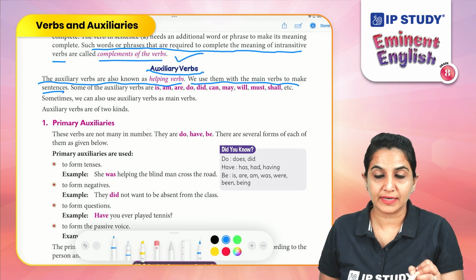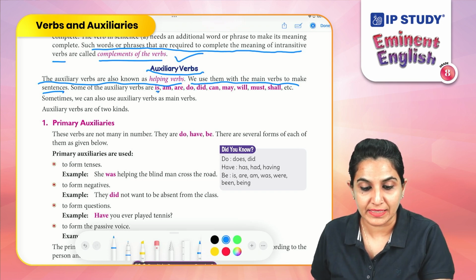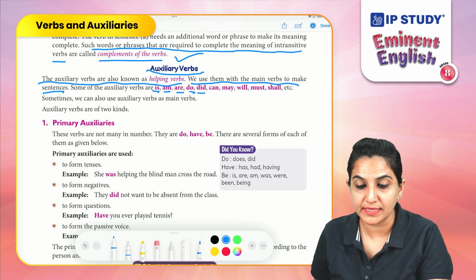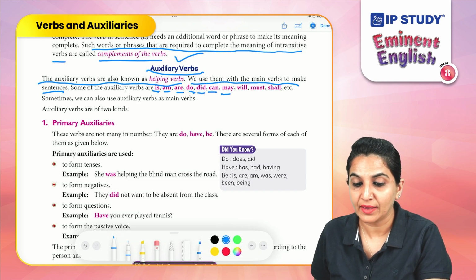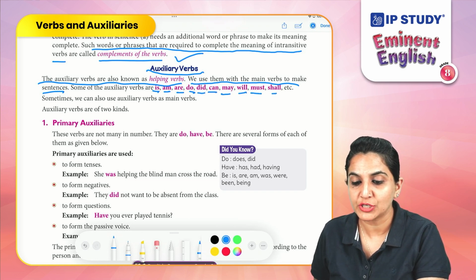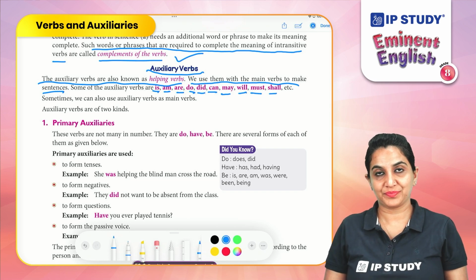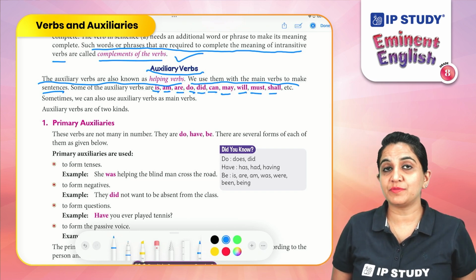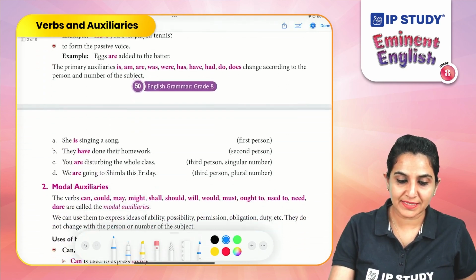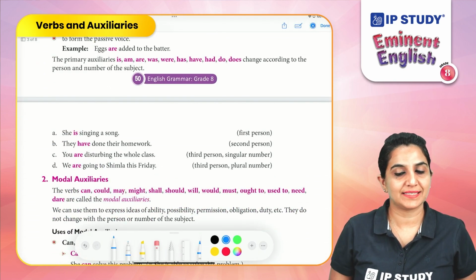Some of the auxiliary verbs are is, am, are, do, did, can, may, will, must, shall, etc. Within auxiliary verbs, we have two types: primary auxiliaries and modal auxiliaries.